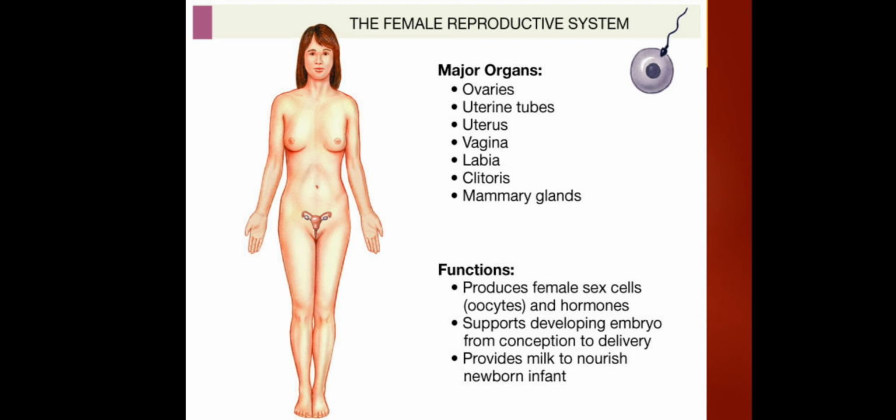If the male reproductive system has only one function, sa babae naman marami. Kasi bakit? We can produce female sex cells or oocytes and hormones, support the developing embryo from conception to delivery, and provide milk to nourish a newborn infant. So that is our function.